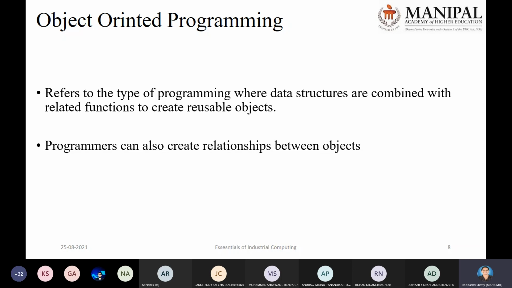There will be some requirements. Before you develop a system, you should know why you are developing it, right? That is called the requirement. There should be some requirement for developing a system or a software. These requirements are mapped to classes or objects.